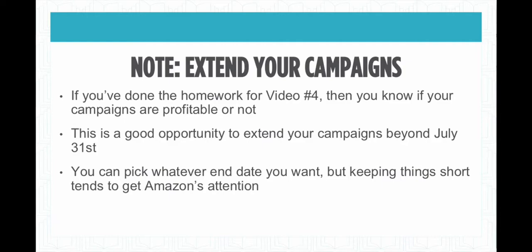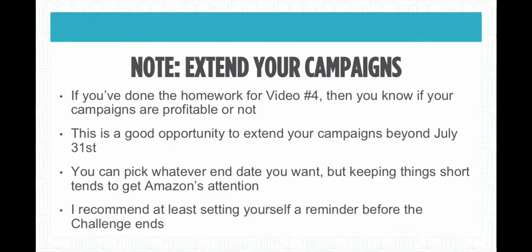You can pick whatever end date you want, but usually keeping it to a 2 to 4 week period tends to get Amazon's attention. I recommend that you set yourself a reminder before the end of the challenge, or you just go ahead and do it right now before you forget, because we always have some people forget.